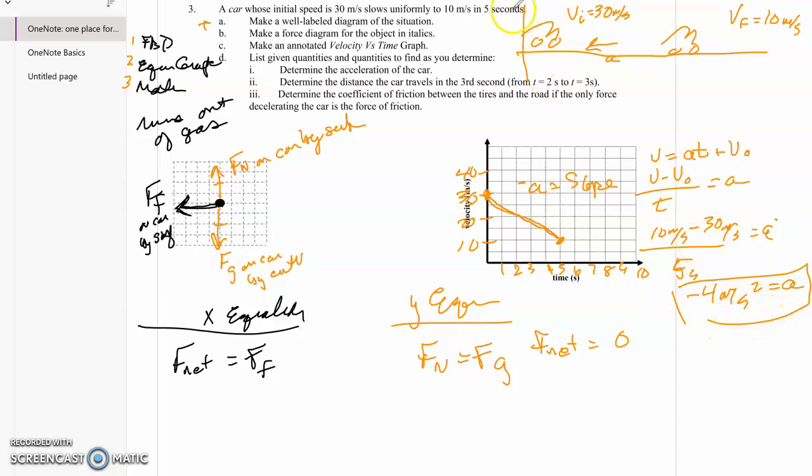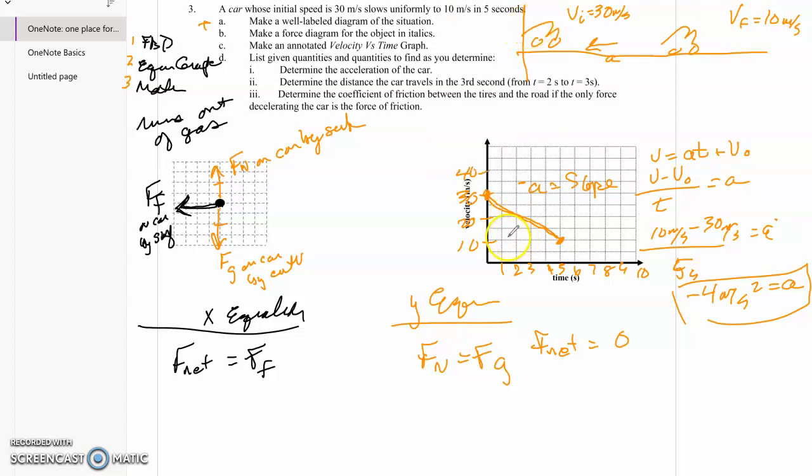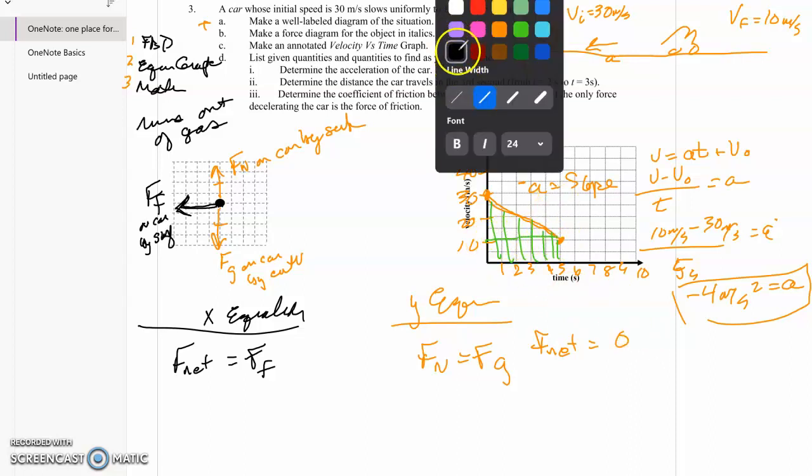Great, so it wants to know the distance traveled, and the distance traveled, we could get it one of two ways. We could certainly find the area under here, okay? And that would be just fine. So let's see if we wanted to do that. I'll just do it this way.